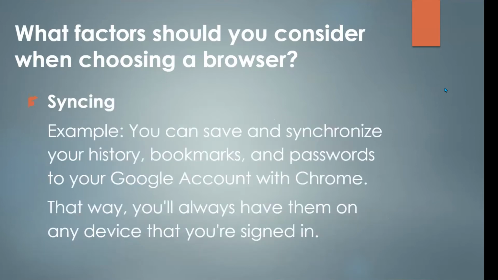Third, syncing. You can save and synchronize your history, bookmarks, and saved passwords to your Google account with Chrome. That way, you'll always have them on any device you're signed in. For example, if you were to forget your password on something, Google would have that secured for you.